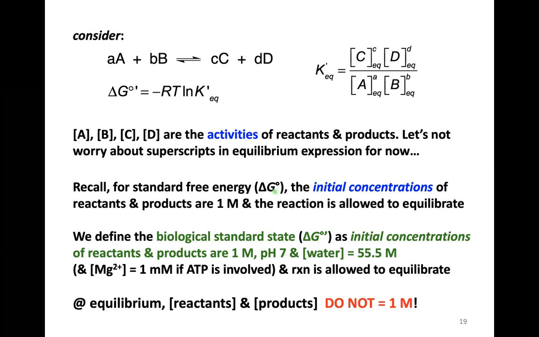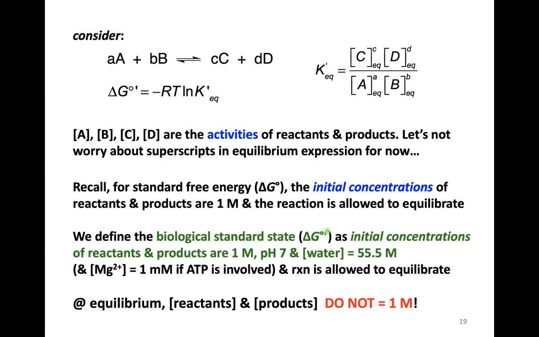Now, in biology and biochemistry, we have additional environmental conditions that we need to account for so that we can relate the standard state, with just the degree sign, to the biological standard state. That is, whatever the symbol is, Gibbs free energy, enthalpy, and so forth, the biological standard state has a degree sign and also an apostrophe.